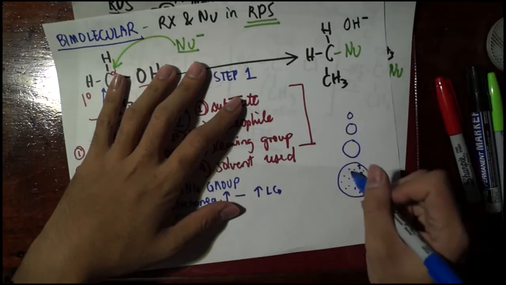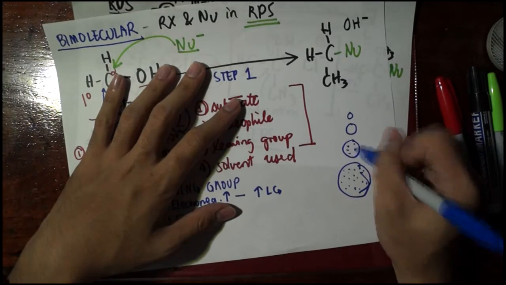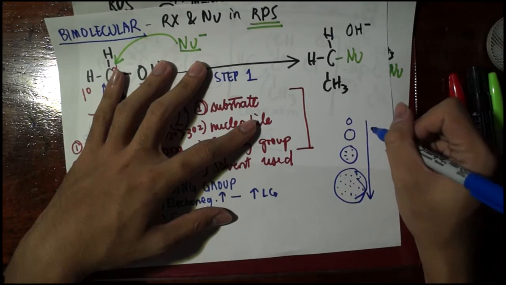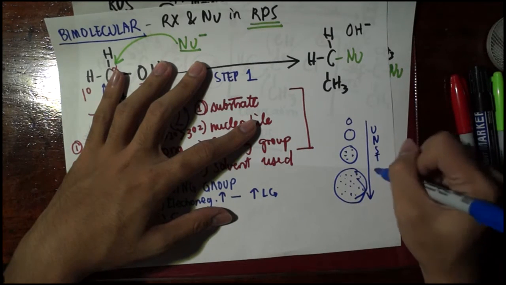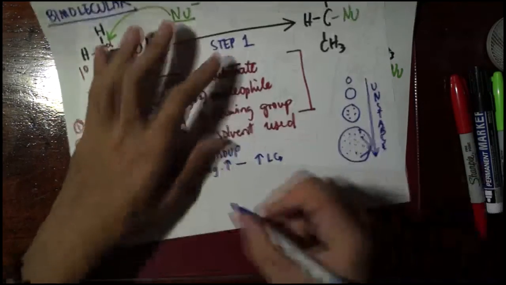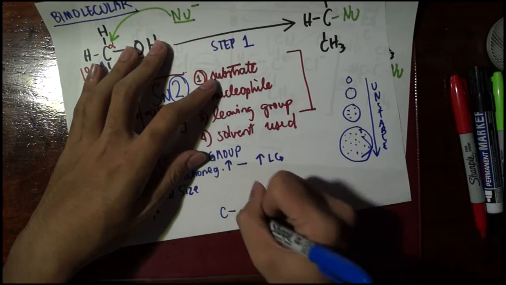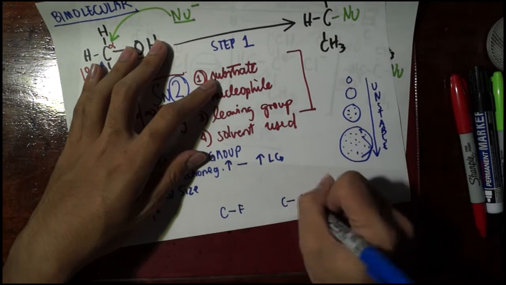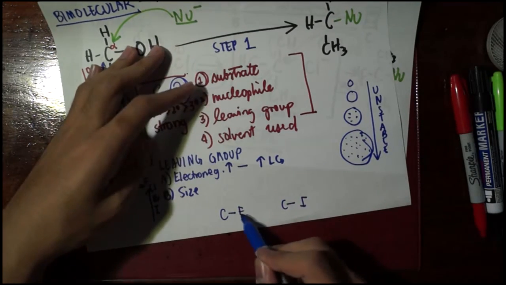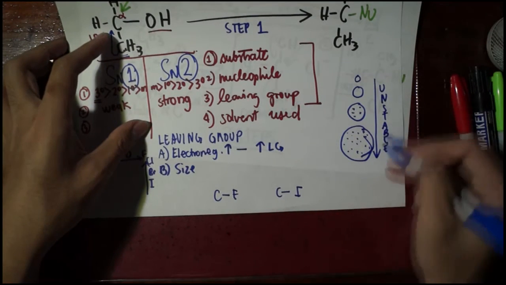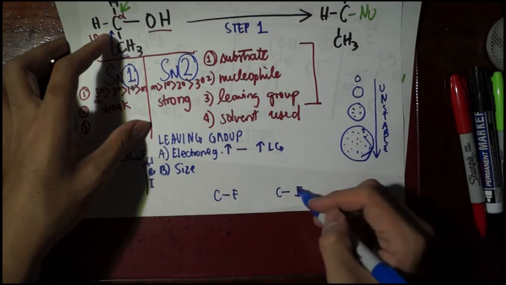As size goes up, it also becomes more reactive, more unstable. For example, we compare C bonded to F and C bonded to I. Yes, fluorine is the most electronegative atom, but I is so large, it is so unstable.